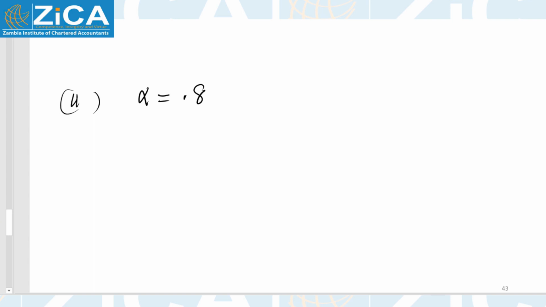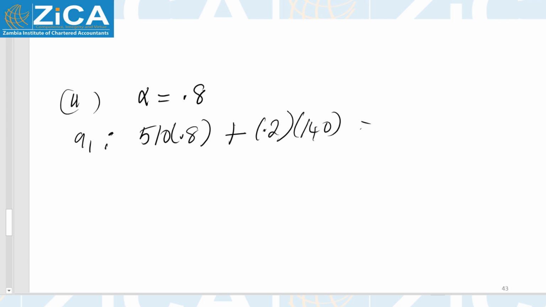So the largest value for action A1 will be 510. It will be 510 times 0.8. The lowest, the worst in that action, which is 0.2, it will be 140. And if you simplify that, it will just give you what?